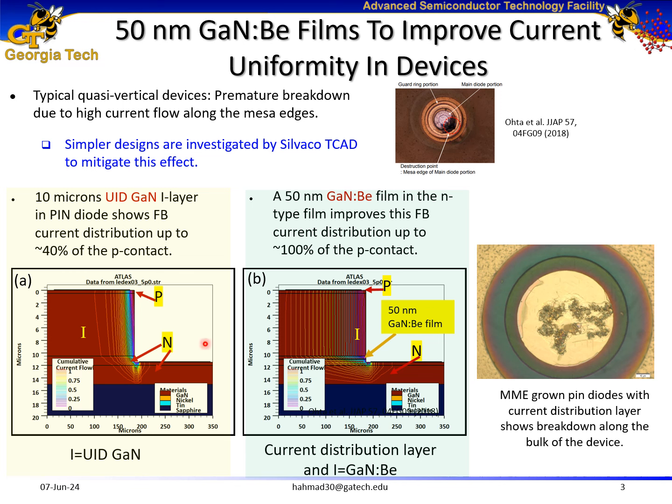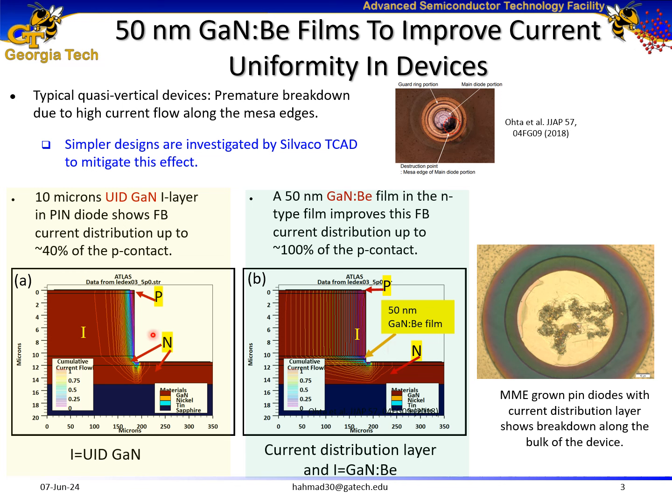In this regard, I did a comparative study of two pin diodes, both with eye layer thicknesses of 10 microns. The difference between these two is that the right structure has a thin 50 nanometers of beryllium doped gallium nitride film sandwiched between the n-type layer, which would introduce a small barrier, resulting in more uniform current distribution across the device.